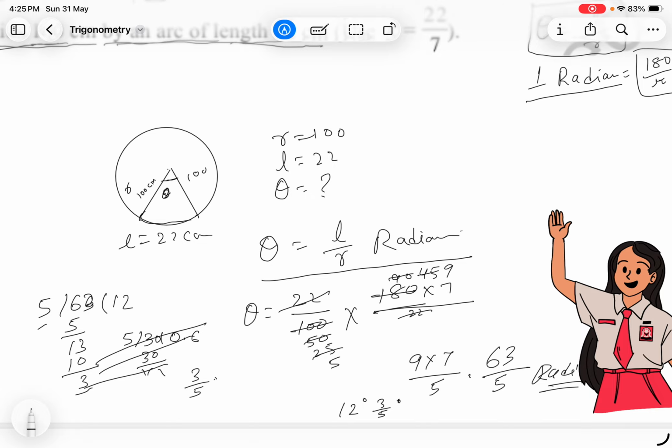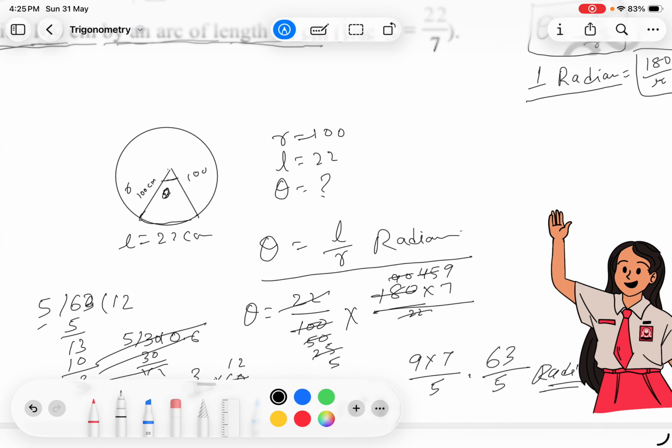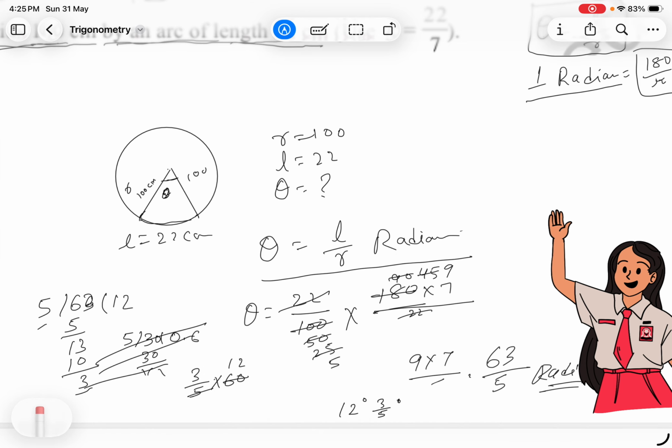So 3 by 5 degree, if we convert this into a minute, then it will be 12, right? So 12 3 ja 36, so we can write 12 degree 36 minute, 12 degree 36 minute.